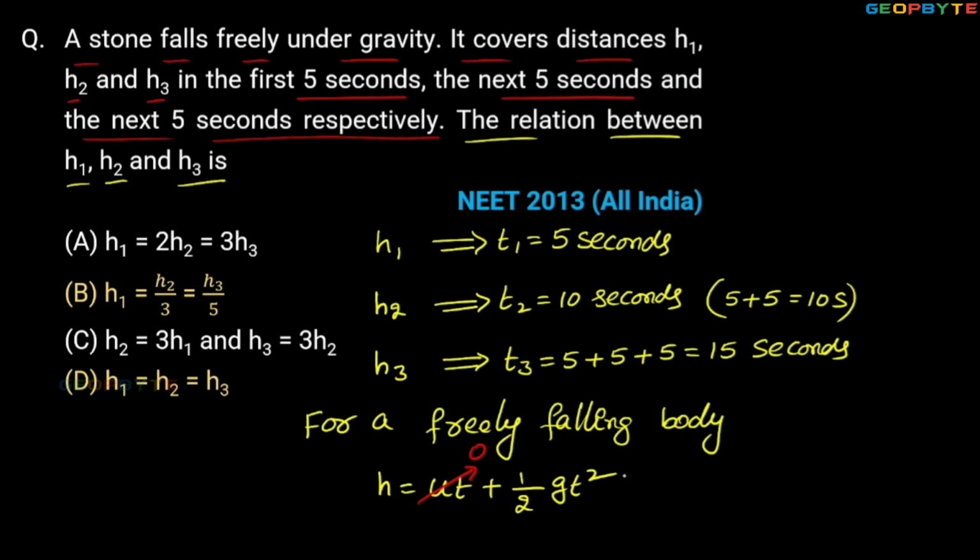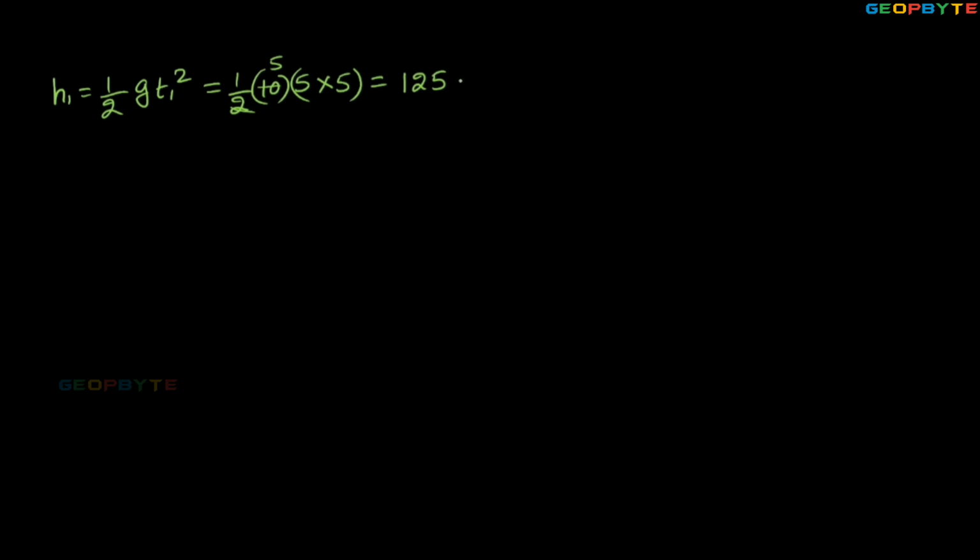From this, I can write that h equal to half g t square. Then h1 equal to half into g t1 square. It is equal to half into g value 10 into 5 square, that is 5 into 5. It is equal to 5 times 25, 125 meters.